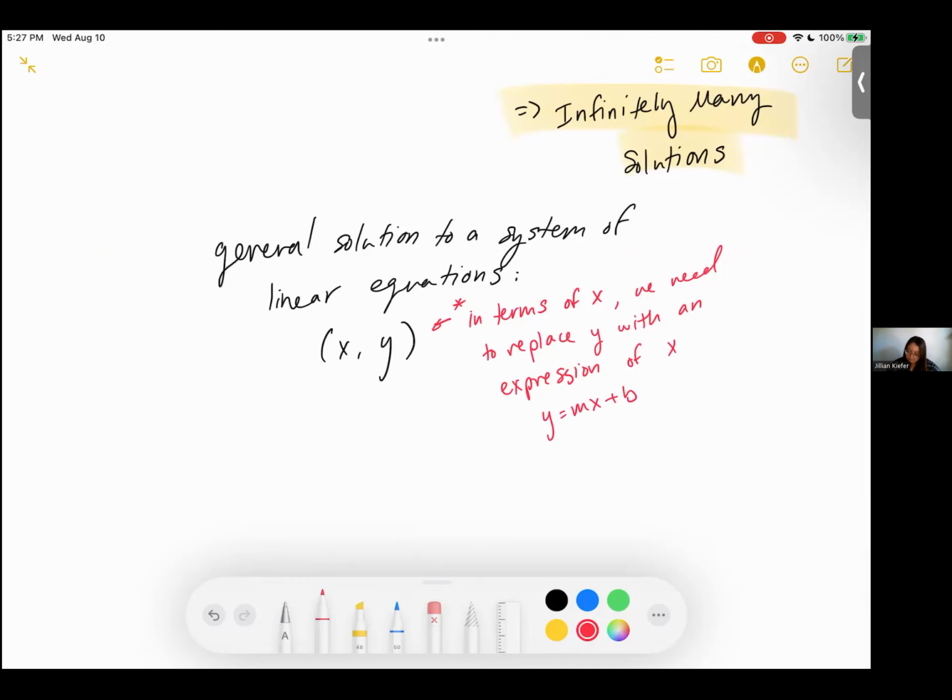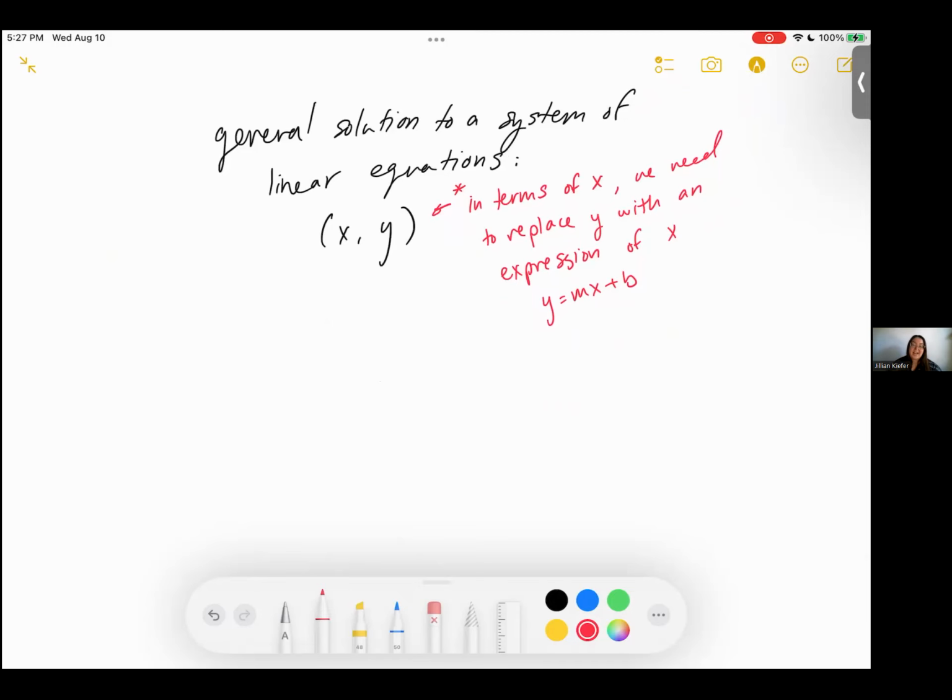So your general solution in terms of x, we'll write that out here: general solution in terms of x is going to have to be x comma mx plus b, because that is what y is equal to. So this is your general solution in terms of x.